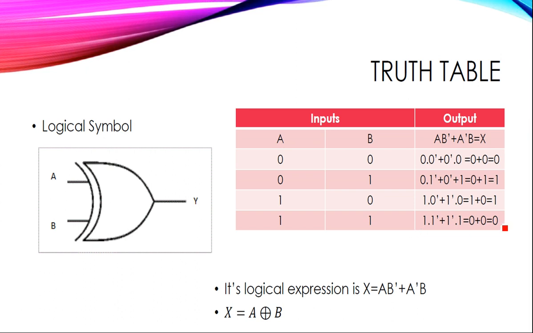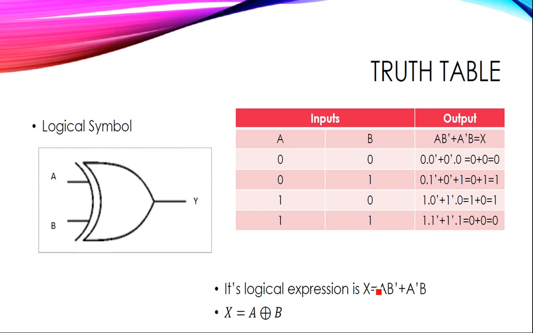That means when all the inputs are the same, either 0 or 1, we will get the output always 0. And A is 0, B is 1, output is 1, because here the inputs are different. And A is 1, B is 0, output is 1.